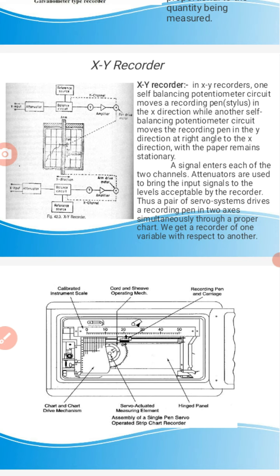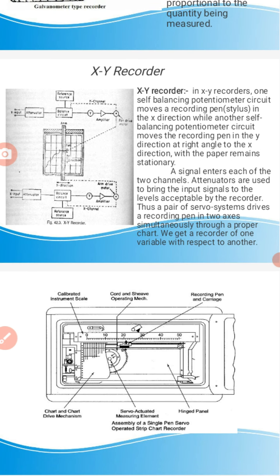These self-balancing potentiometers plot the EMF as a function of time. In XY recorders, an EMF is plotted as a function of another EMF. This is done by having one self-balancing potentiometer control the position of the rolls, while another self-balancing potentiometer controls the position of the recording pen.